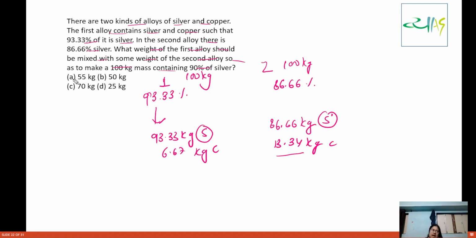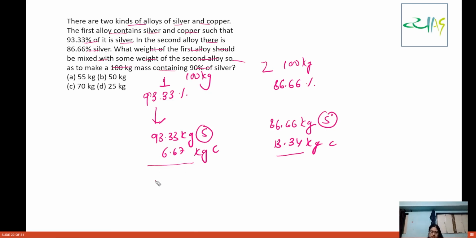All right. Now, see, it is asking what weight of the first alloy should be mixed with some weight of the second alloy, so as to make a 100 kilogram mass containing 90% of silver.